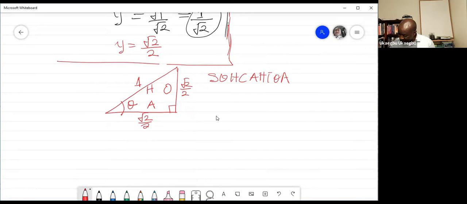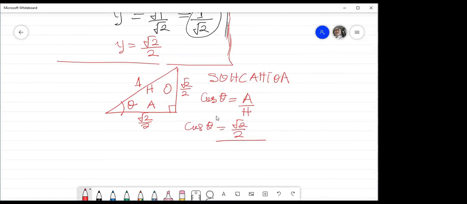Write your formula first, which is cos theta is equal to adjacent over hypotenuse. Adjacent is what? √2/2.